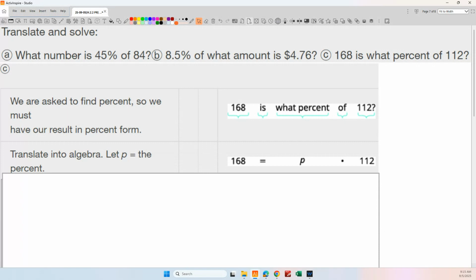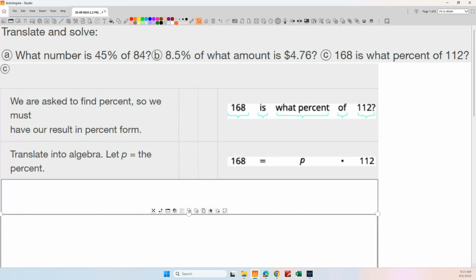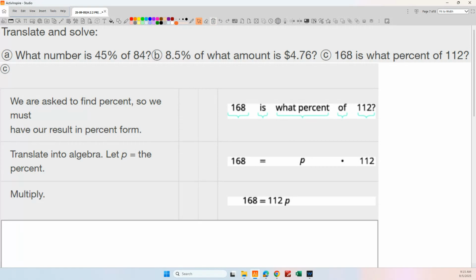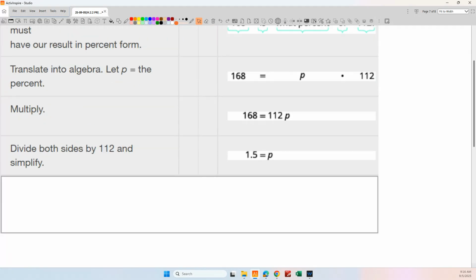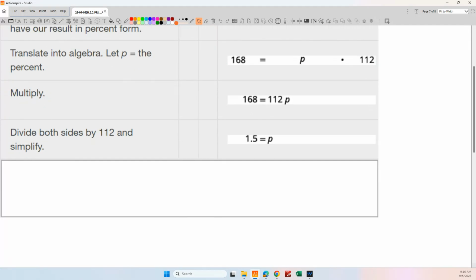So what's the one algebra step? Divide both sides by 112. And if we do that, we get 1.5.